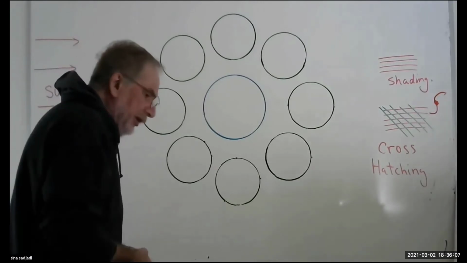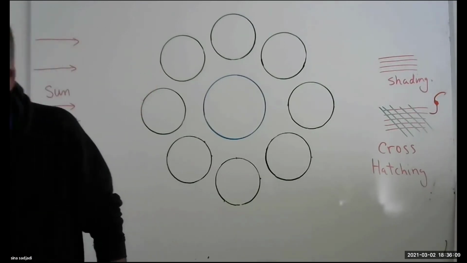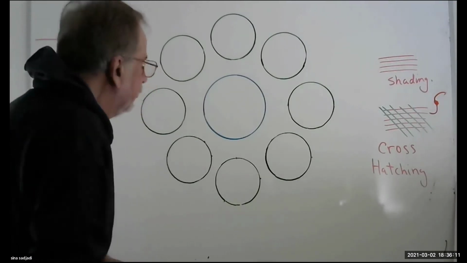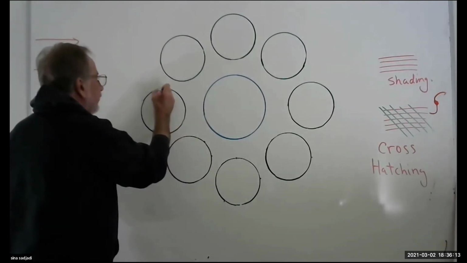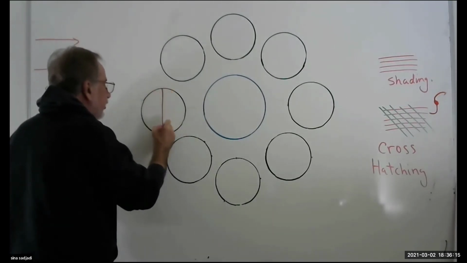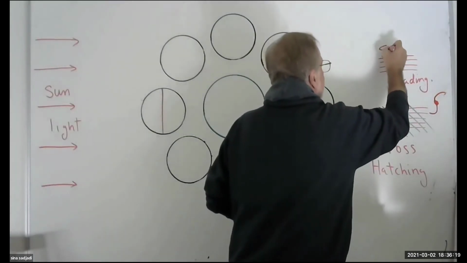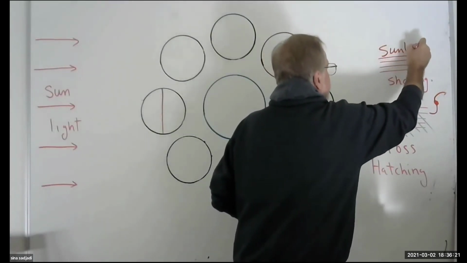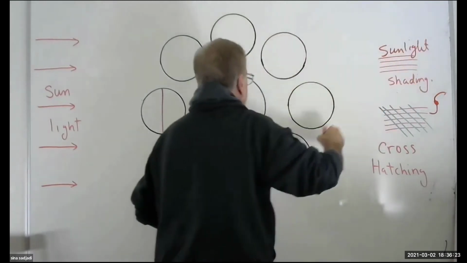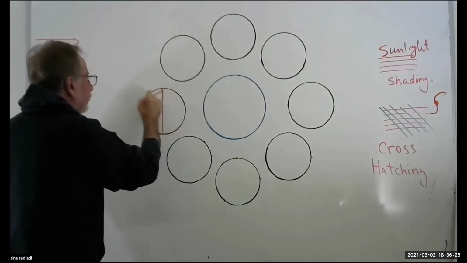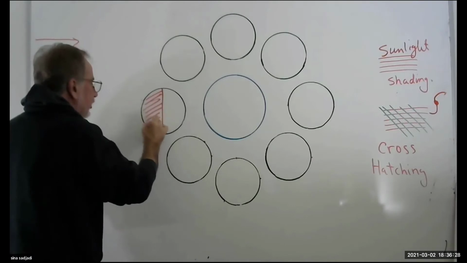I'm going to put sunlight on the moon and the Earth. So let's put sunlight on half the moon and half the Earth. And so the way I do this is by shading for sunlight. So sunlight is going to be just shading like that. So I'm going to put some shading in here. That's sunlight.